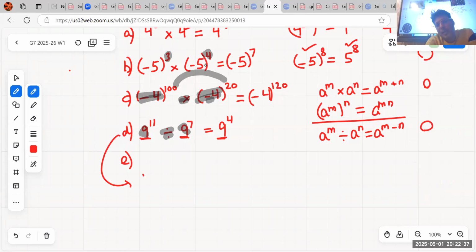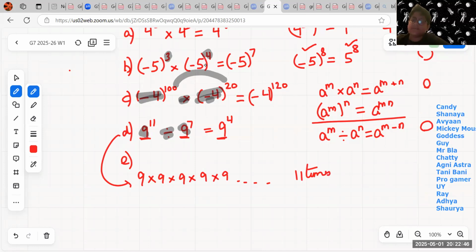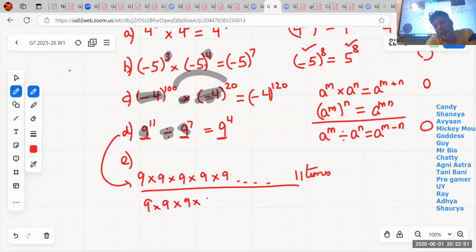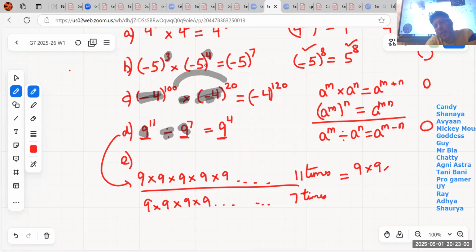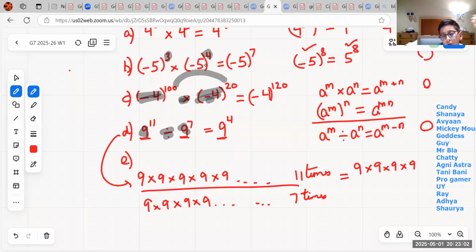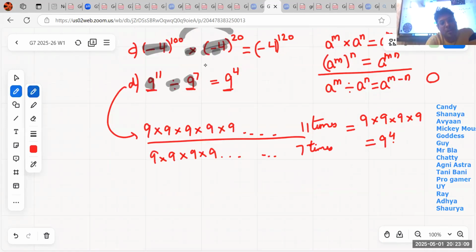How will you solve it? 9 into 9 into 9, 11 times, right? Divided by 9 into 9 into 9, 7 times. They will get cut from the top. What remains? 9 into 9 into 9 into 9, 4 times, which is 9 to the power 4. Everything has a logic.